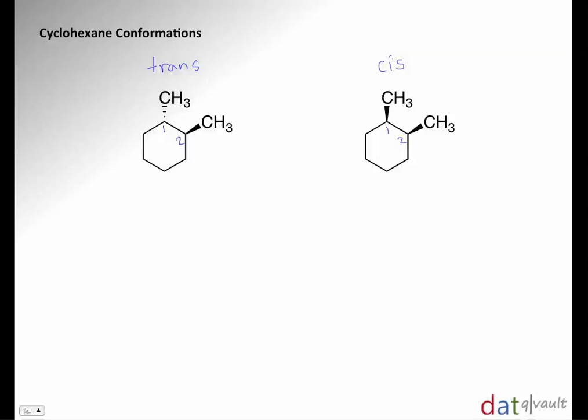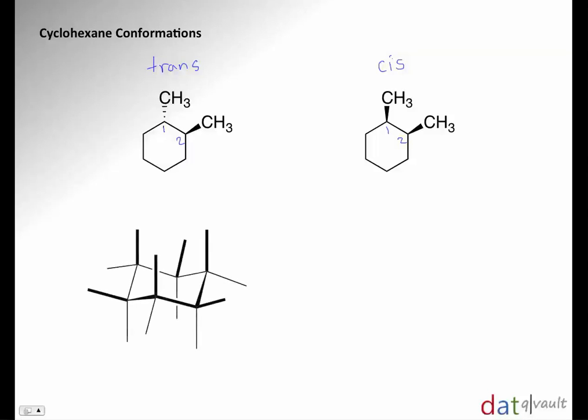When looking at the planar structures, it's hard to tell the orientation of these substituents. So to better visualize the energetics of the entire system, we should draw it out in a three-dimensional chair form. So how do we actually place these substituents correctly on a cyclohexane chair?